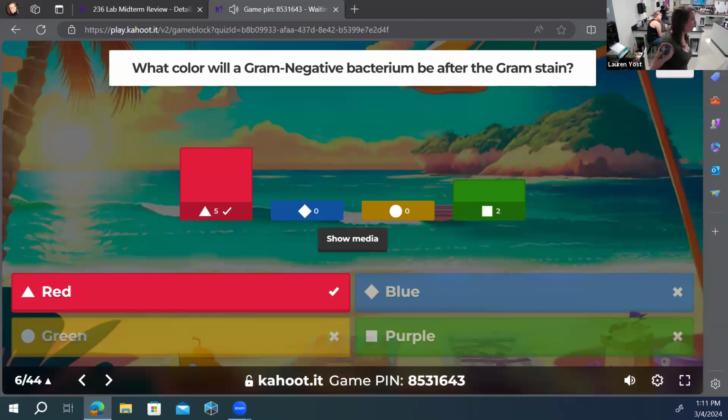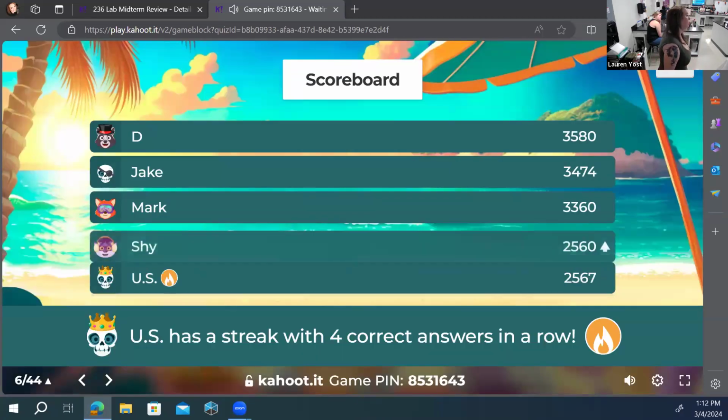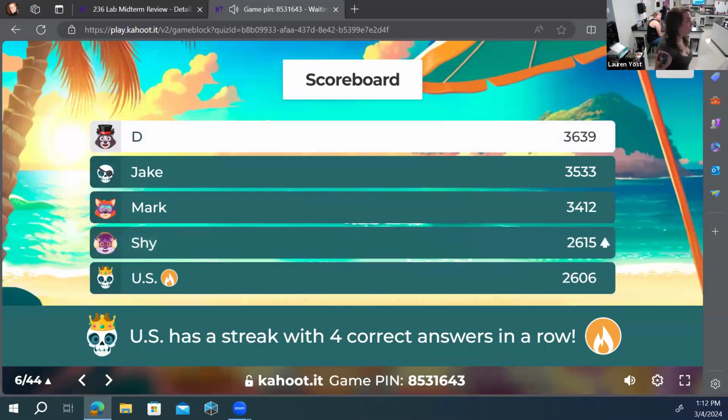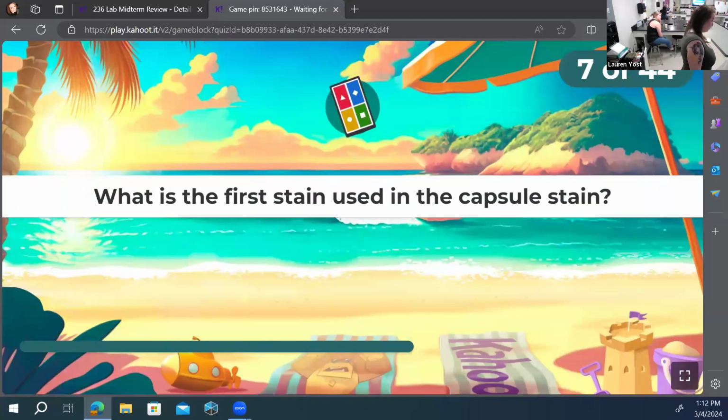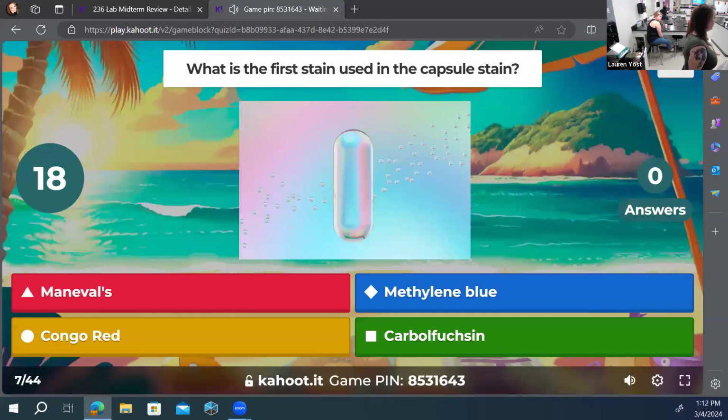So this is going to be red or pink, but I'm always going to, in my test, call it red, just so you guys know, because I think it's easier to remember the red versus the purple thing. So, yeah. Safranin. So what is the first stain used in the capsule stain? If you guys remember this one.